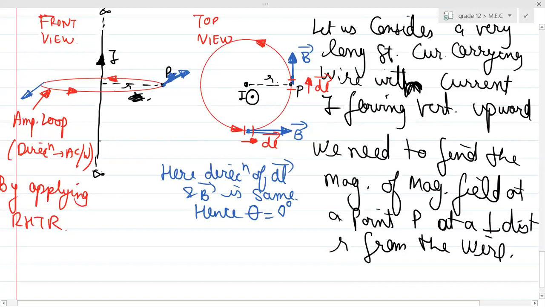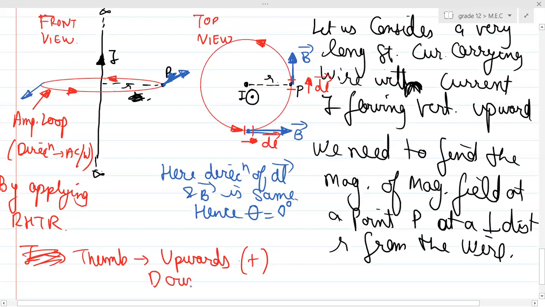When we apply the right hand thumb rule, will I be positive or negative? Can you see, it is pointing in the direction of the thumb. The thumb points in the upward direction, and whatever is upward, we will take it as positive.